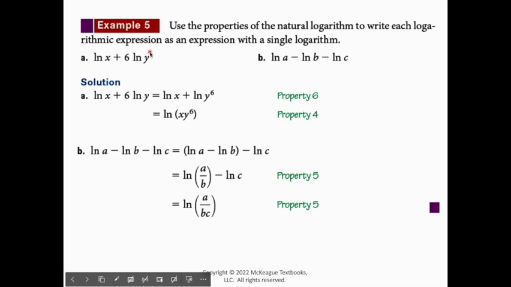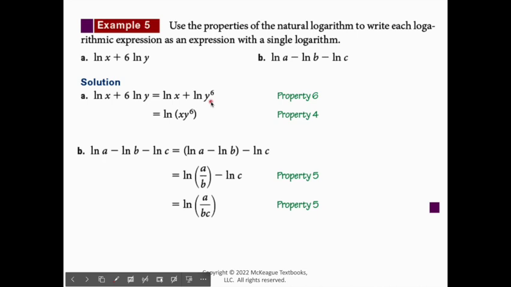Now, when you're condensing, you need to make sure that if you have a constant in front of the log and you need to bring it up as an exponent, that's the first thing that you do. Looking at this line right here, the natural log of x is carried over, and the 6 now comes back up as the exponent for the y.